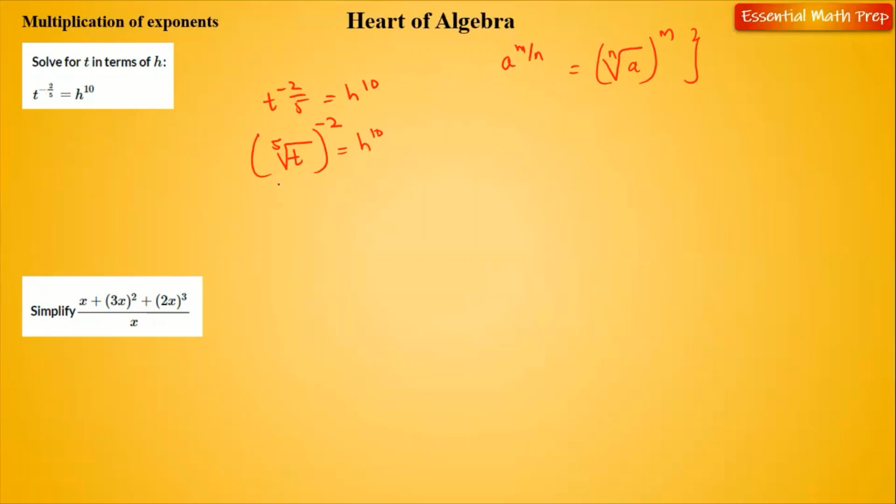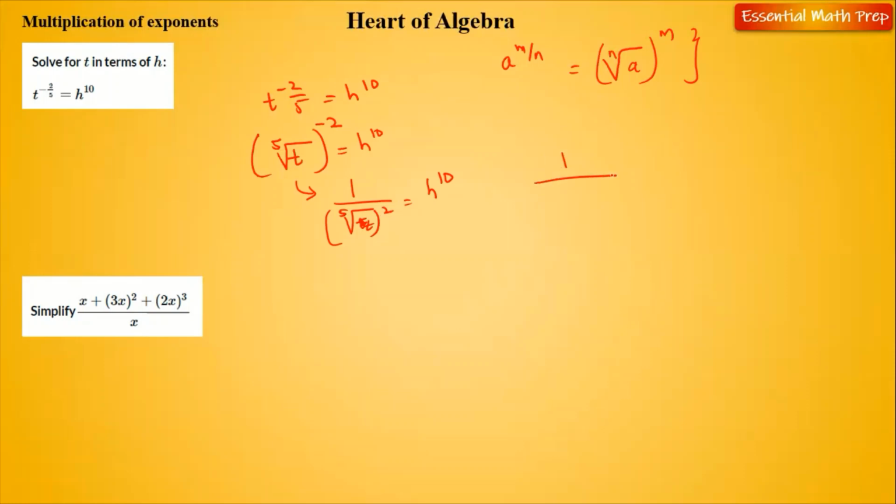If you take this one step further, it'll look like this, equals h power 10. Now what we could do is take the square root on both sides. What that does is get rid of this 2. Oh, sorry, I meant to say t here. Just take a square root on both sides, we'll get rid of the 2.